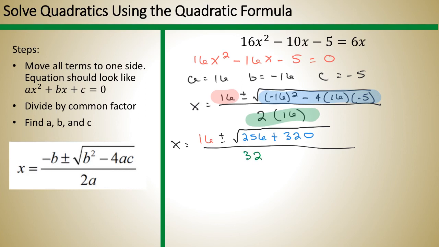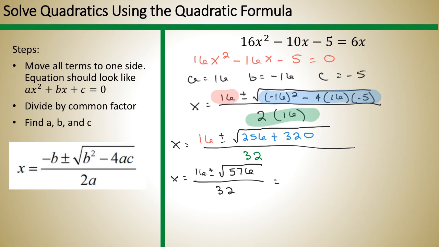So now just simplify this thing a little bit, and we get x is 16 plus or minus the square root of 576 over 32. So the square root of 576 is going to be 24.